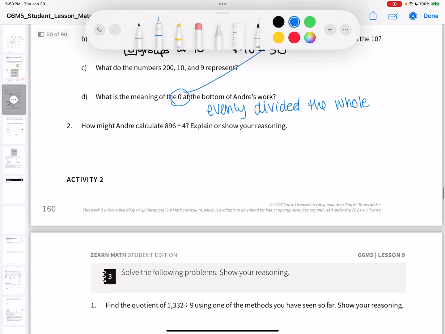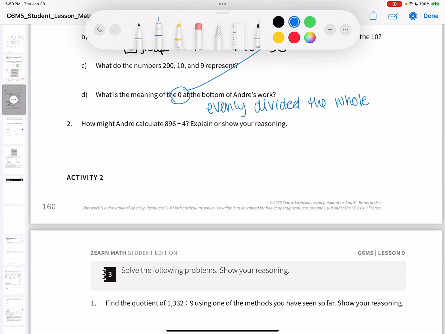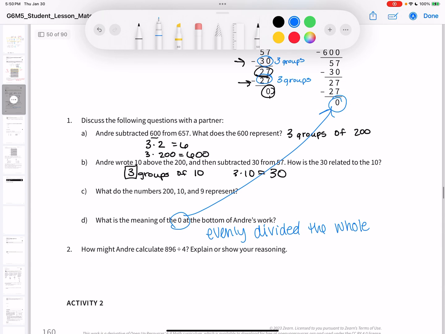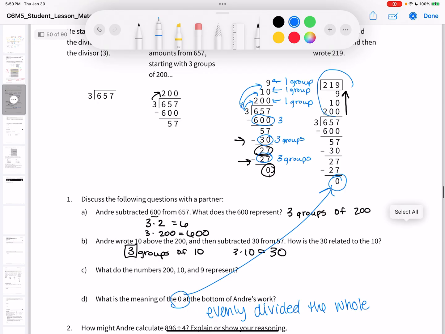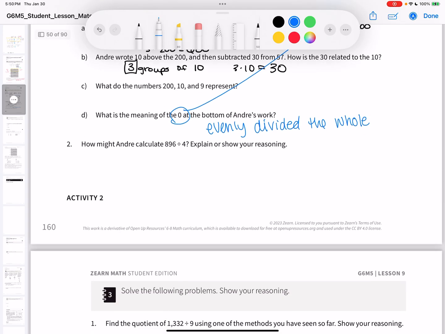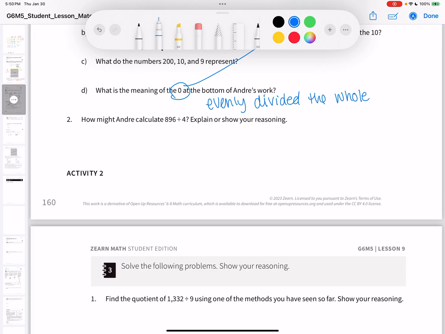All right, so we're going to try this, okay? So you need quite a bit of room because he has stuff above his division problem. They don't really give us a lot of room, so we're going to do it over here. So we have 896 divided by 4.